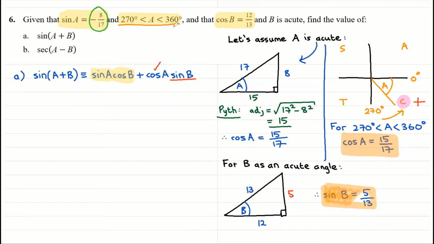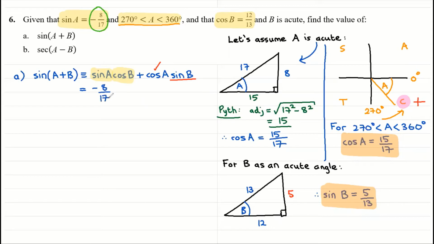Okay, so after all that prep work, we're now ready to evaluate sine of A plus B properly. So we sub everything in now. So this is going to equal, because we're subbing in, it's not an identity anymore, sine of A, which is negative, so that's going to be -8/17.